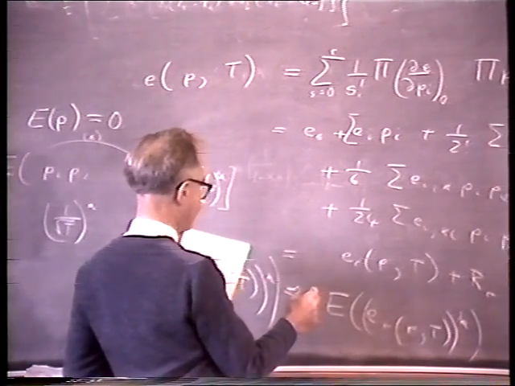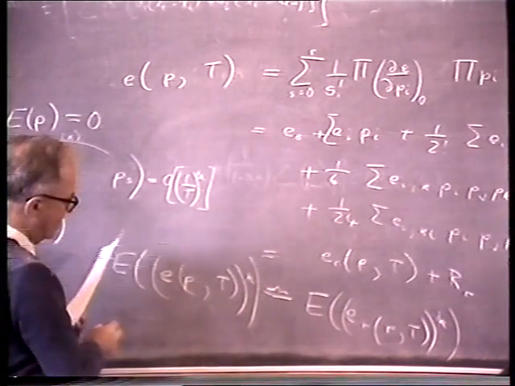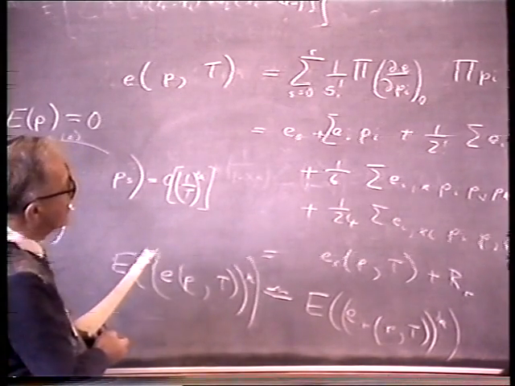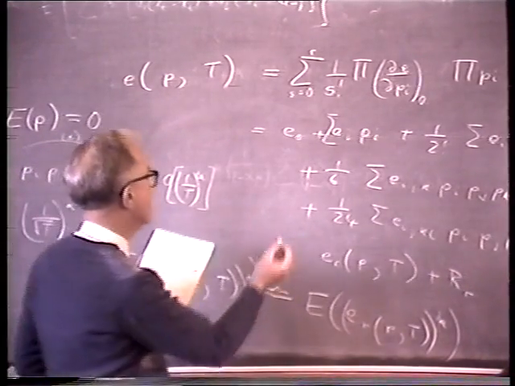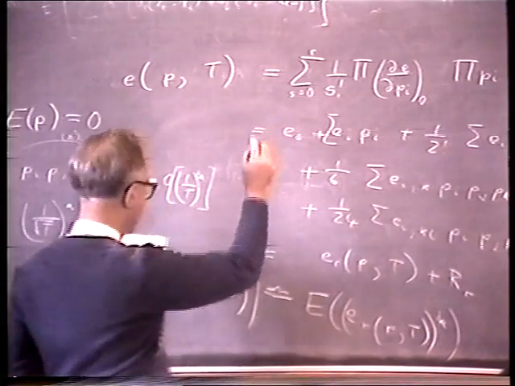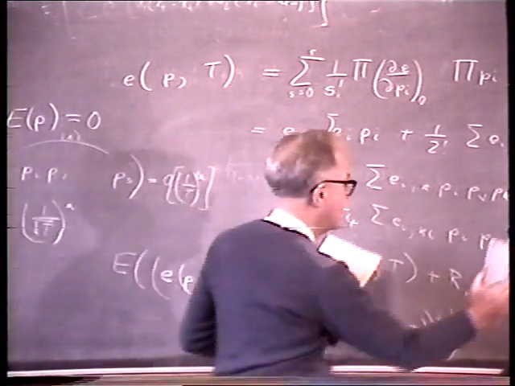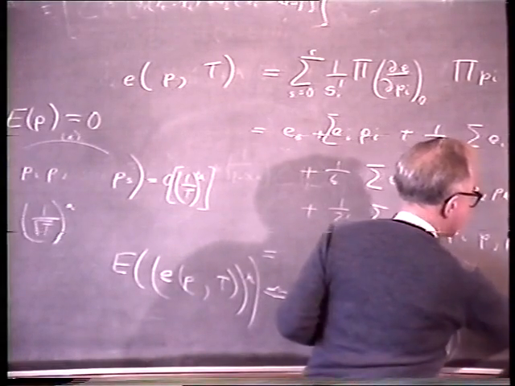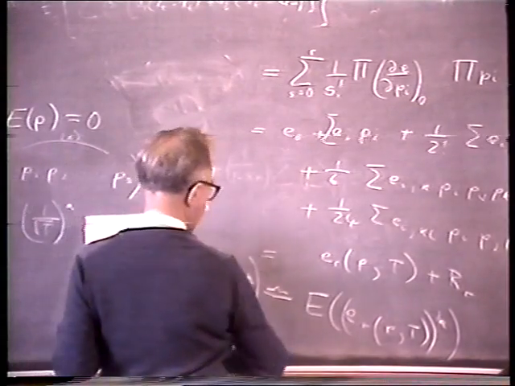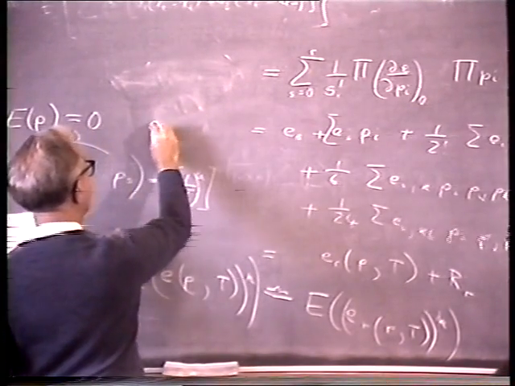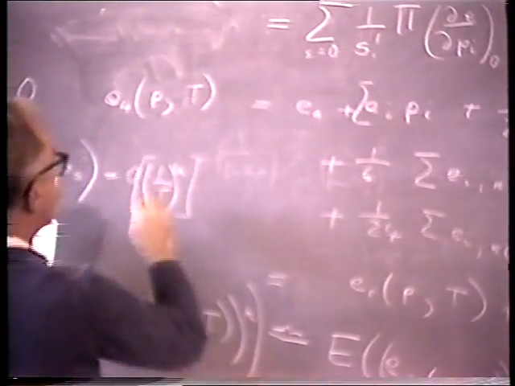But now, if you're going to look at, say, the second moment, k equals 2, then clearly what you have to do is consider taking this, which is by definition E4 PT, and squaring it.